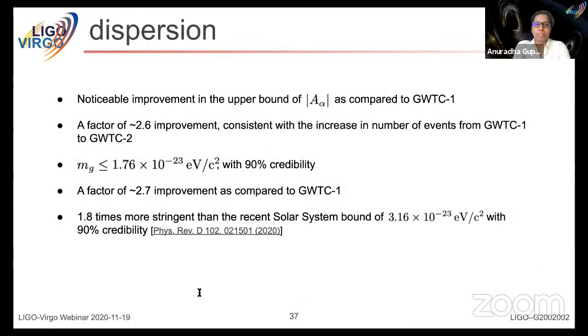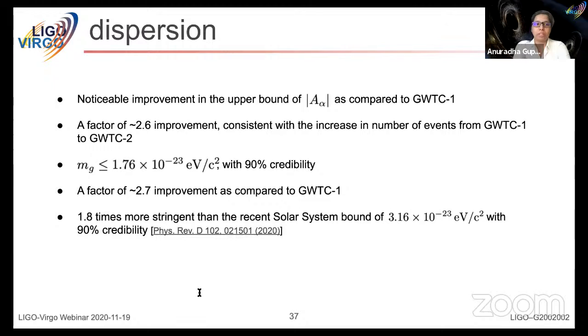So the take-home message from this test is that there is a noticeable improvement in the upper bound of A alpha as compared to GWTC1. This is a factor of 2.6 improvement, and it is consistent with the increase in the number of events from GWTC1 to GWTC2.